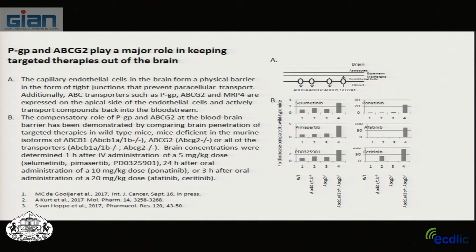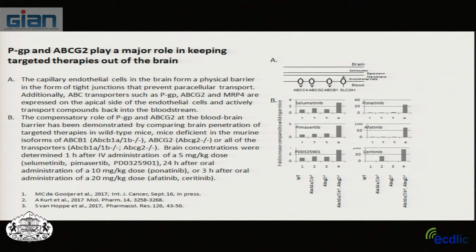Under those conditions, if you look at these knockout mice, this is the wild type, then 1A, 1B, where only the two MDR genes are knocked out. This is ABCG2 alone. You can see there is slight incremental accumulation, but when you knock out all three genes, there is a drastic increase. So what it tells you is that when you knock out, let's say, MDR1A or 1B, the function is compensated by ABCG2.